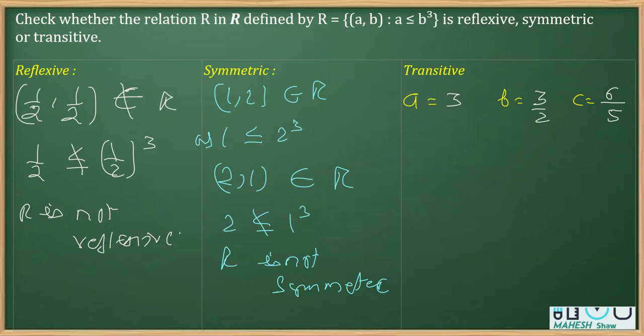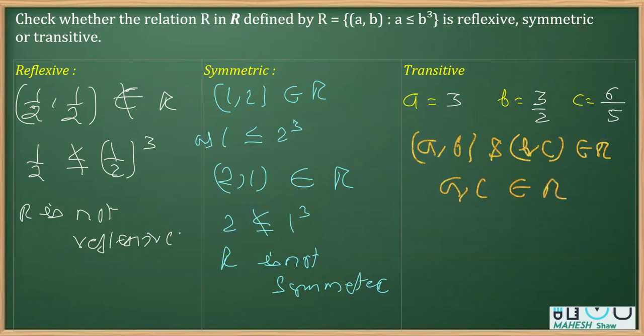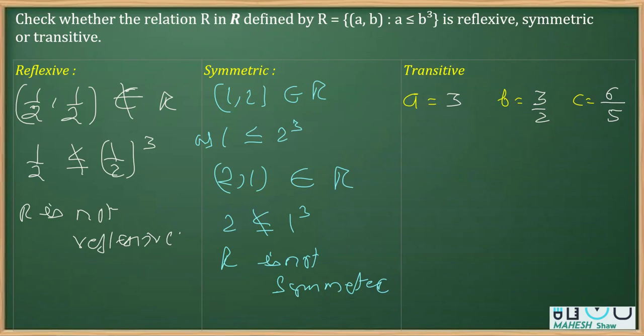Now, when you check for transitivity, you must know that if (a, b) as well as (b, c) belong to R, then (a, c) must belong to R. For the first part, (a, b) belongs to R, as 3 is less than or equal to (3/2) cubed. 3 cubed is 27, 2 cubed is 8, and if you divide 27 by 8 you get 3.375, which is greater than 3.